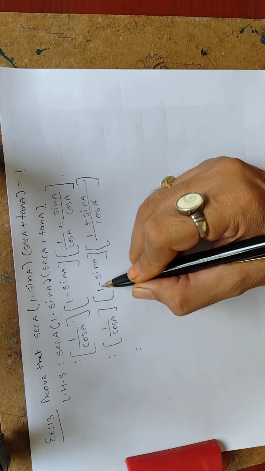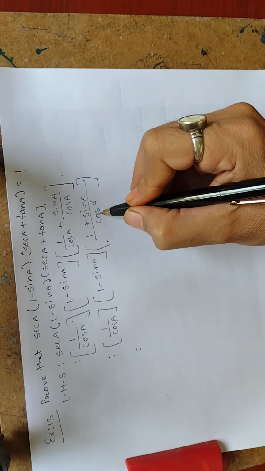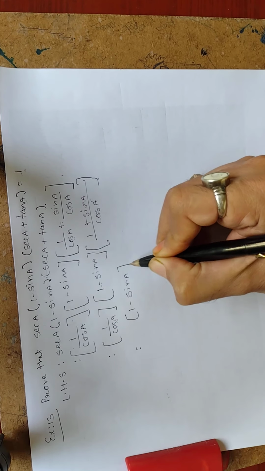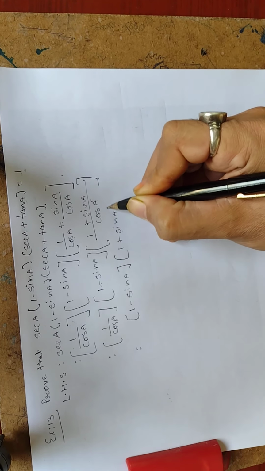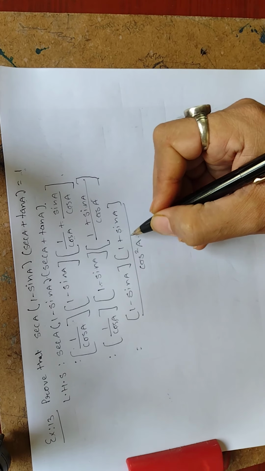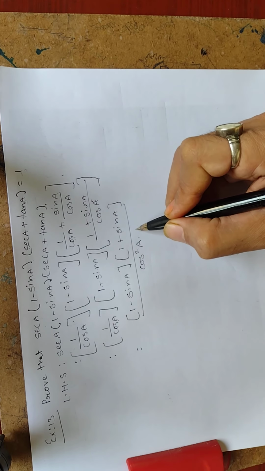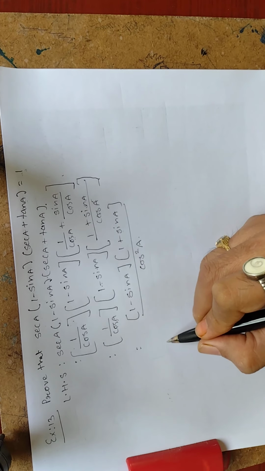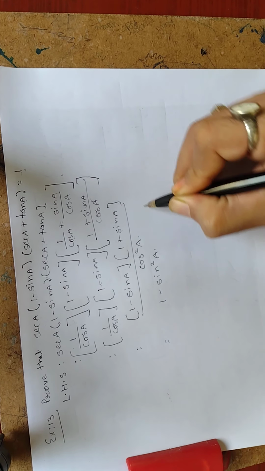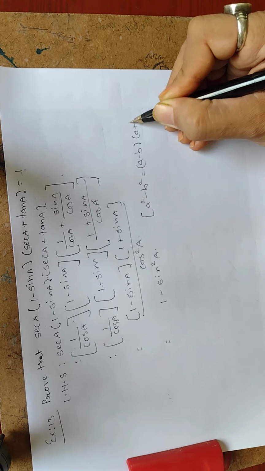We first multiply 1 minus sin A and 1 plus sin A, and in the denominator cos A into cos A will become cos square A. Students, it will not become cos A whole square; cos A multiplied by cos A will become only cos square A. So we know here (A minus B)(A plus B), so we are getting 1 minus sin square A, using the identity A square minus B square equals (A minus B)(A plus B).